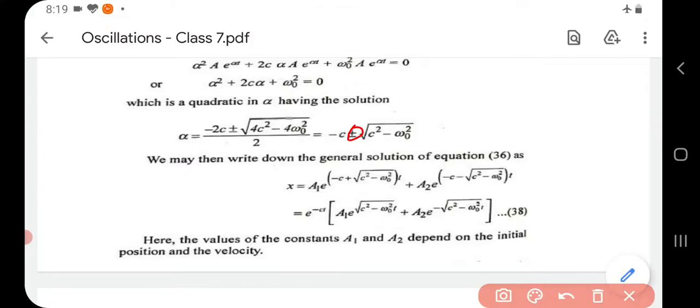Then plus a2 e raised to minus c minus root of c square minus omega 0 square t. That is, first you take the plus sign and then the minus sign. Here take the common factor e raised to minus ct outside. Everything else is kept inside the square bracket. Now a1 and a2 are constants and their values depend on the initial position and velocity.